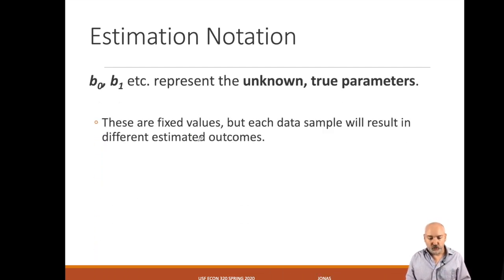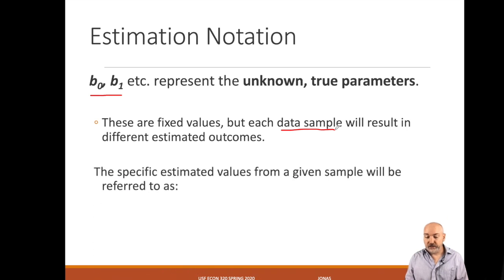And again, for the notational aspect of it, when we see that B0, B1, B2, etc., that's what we're trying to get at, right? Those are the true population unknown values. The estimation, right, is going to come from a specific sample. So what we're going to actually see is what we'll call the B0 hat and the B1 hat.